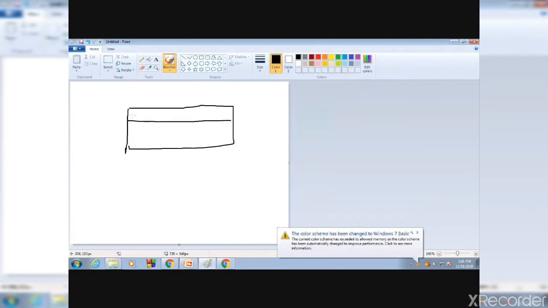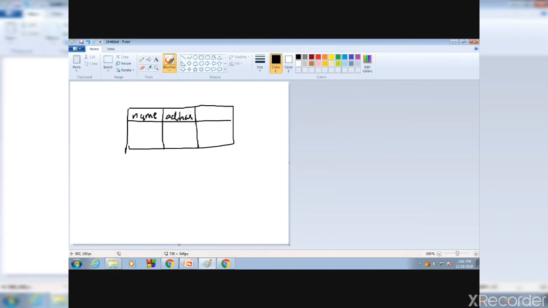Consider I have a name, then Aadhaar card number, then phone number, voter ID, then address, city, like this. Some different attributes are there.